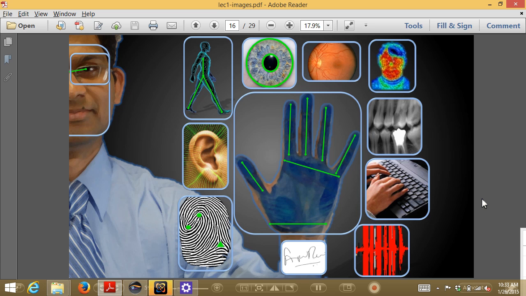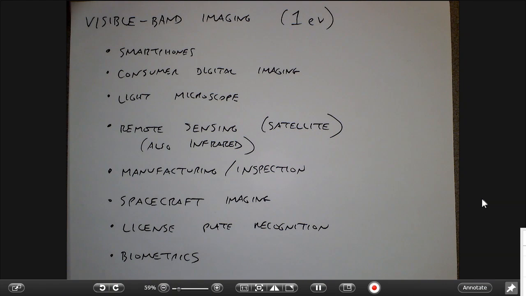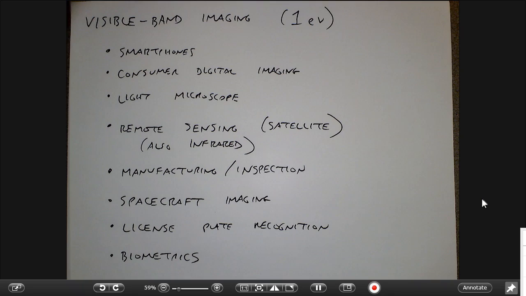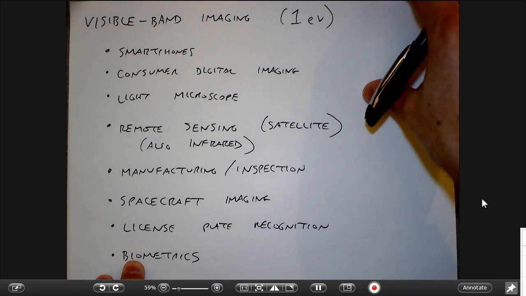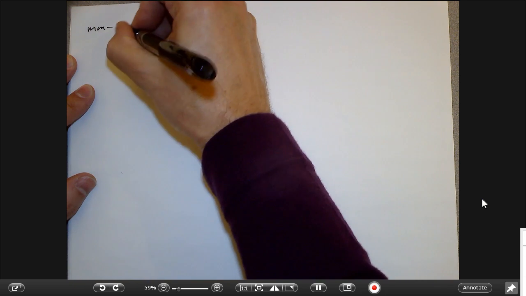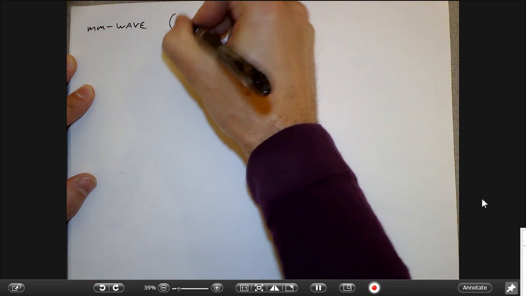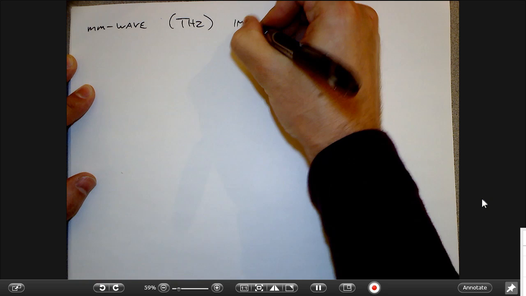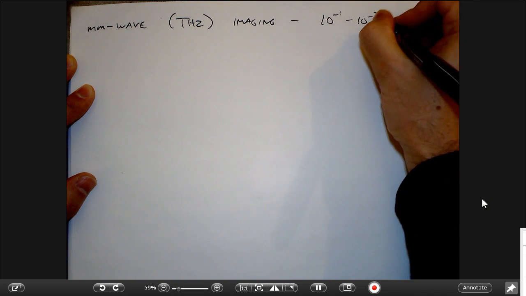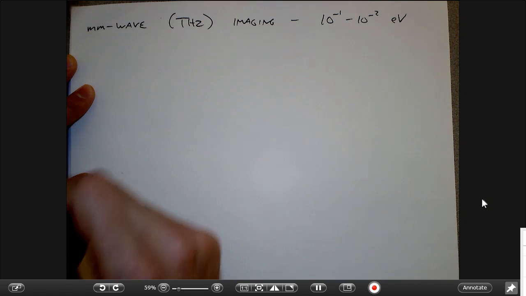But we can go beyond the visible spectrum the other way. So far we started out at gamma rays and went down through X-rays to what we could see. Then you can go beyond what we can see in the other direction to basically microwave. In the middle of that is what you call millimeter wave or terahertz imaging, just below the visible spectrum.